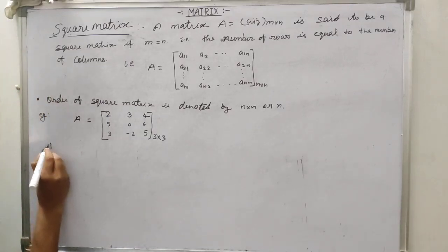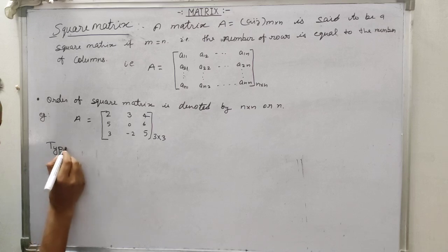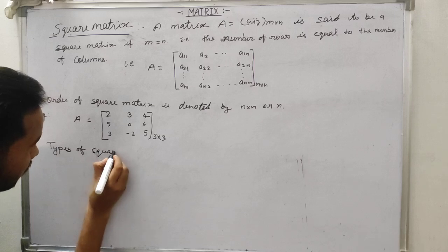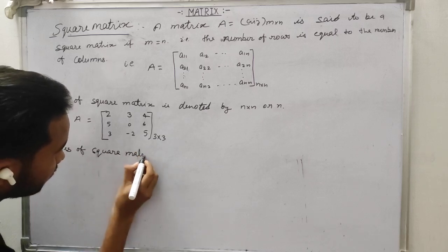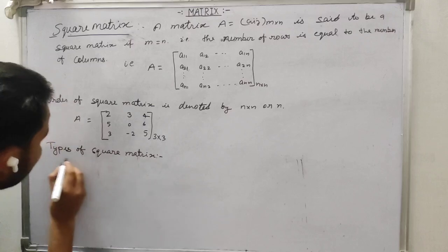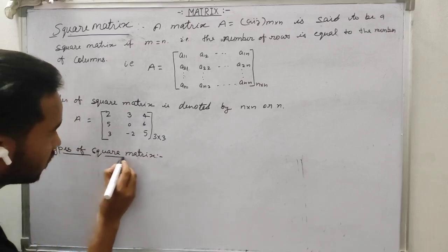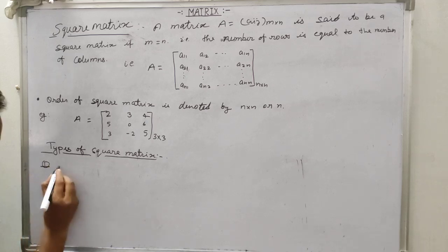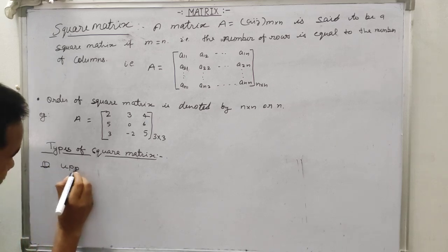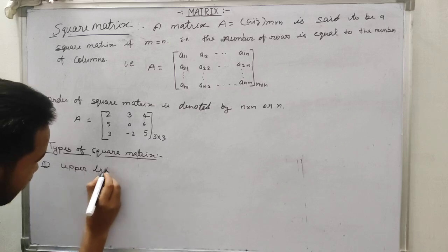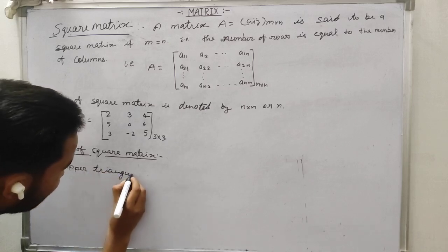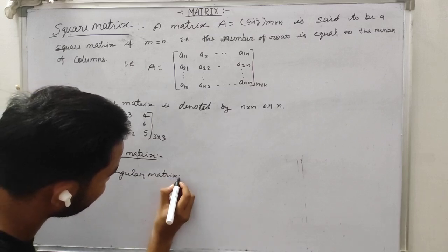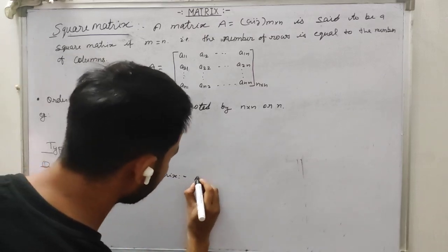Now types of square matrix. First, upper triangular matrix.